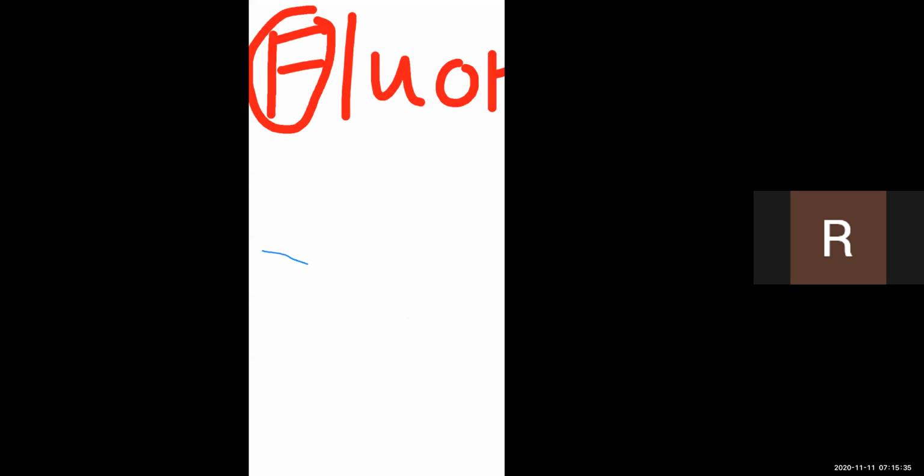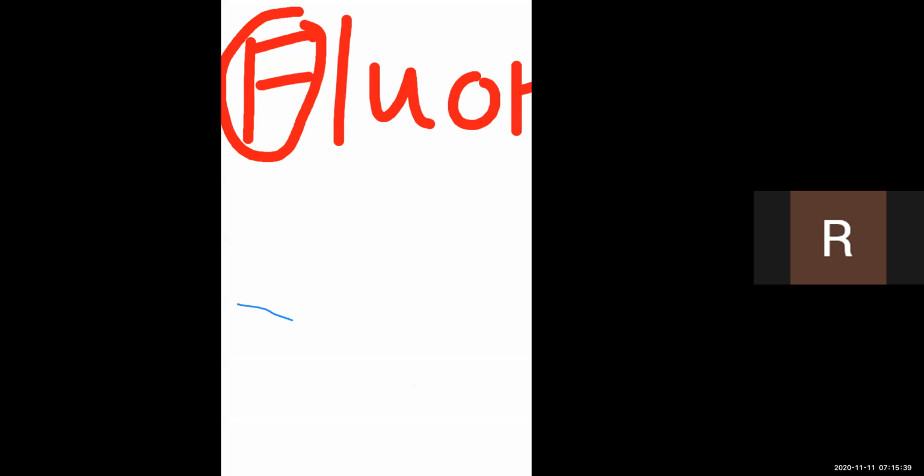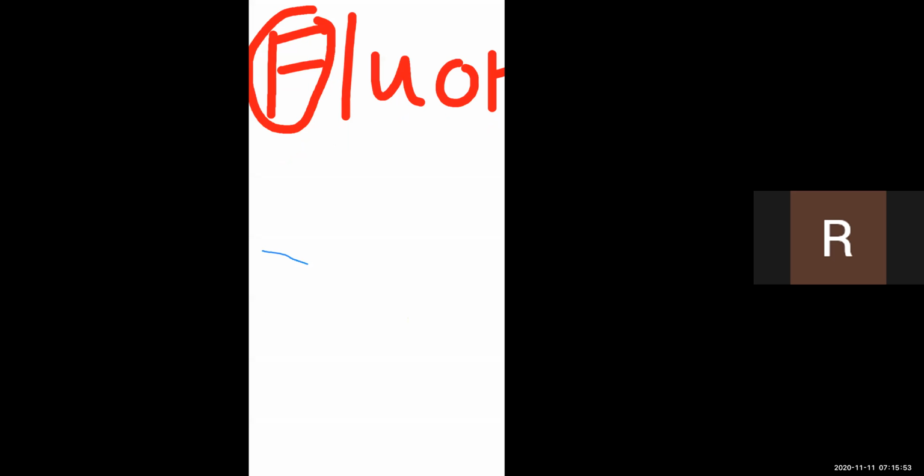Just wait, students. Fluorine, and its atomic number is in the third column.